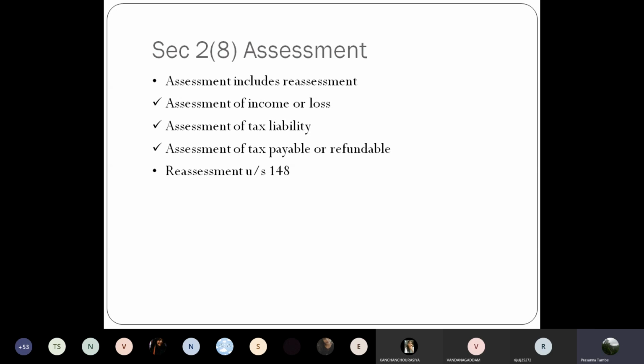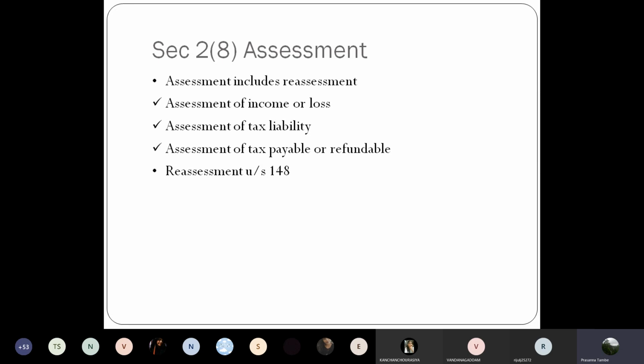And in the light of that law, we assess the income, we assess tax liability, and we assess tax payable or refundable to such person. So this is the concept of assessment, which is not defined in the provisions, but going by the natural meaning of the word assessment and going by the expectations within the tax frame, this is the meaning of the word assessment.